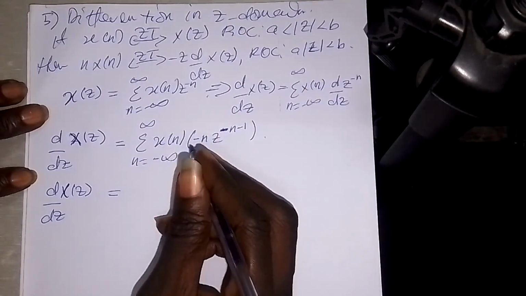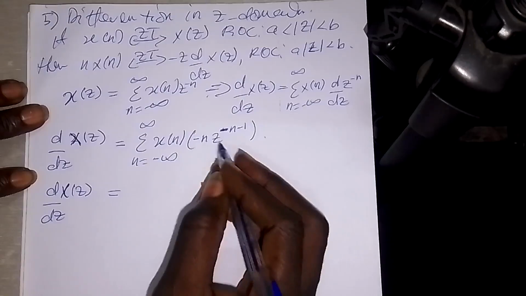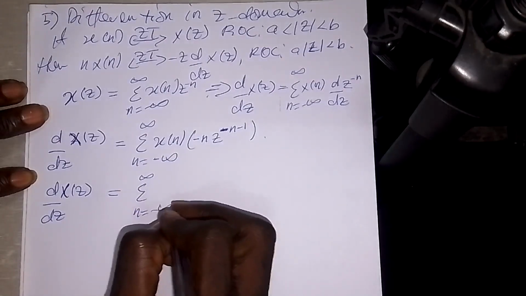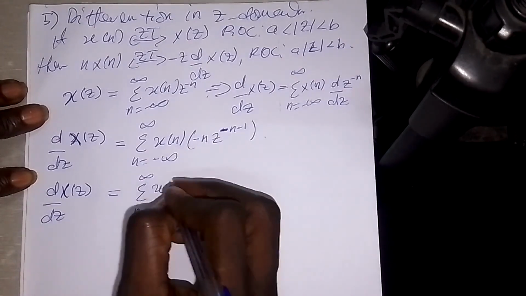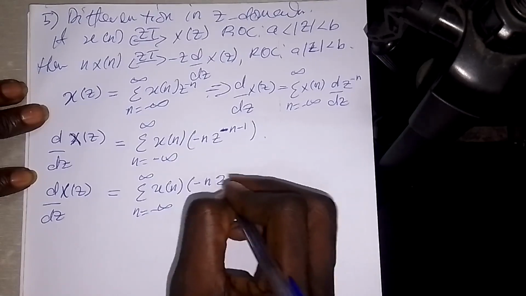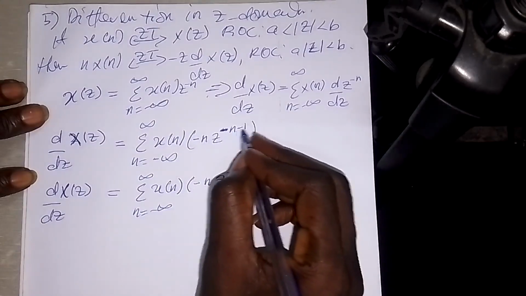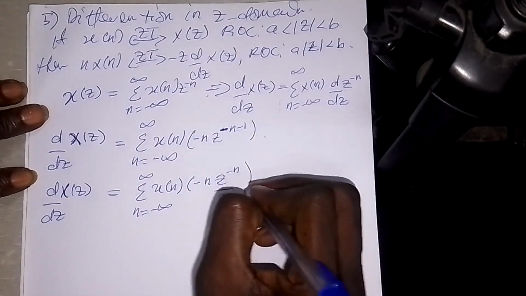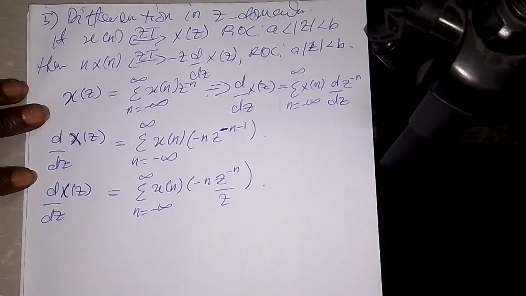I'm going to get the summation, n equals minus infinity to infinity, of X of n into minus n, Z to the power minus n. This one I can bring down here to be Z. All right, so that's what I can do there.